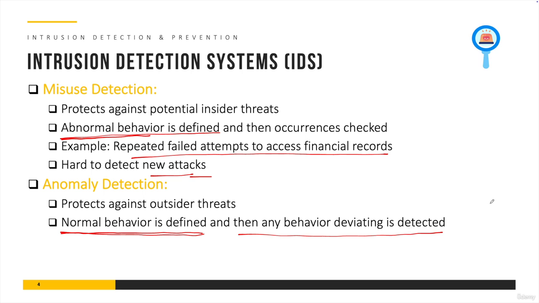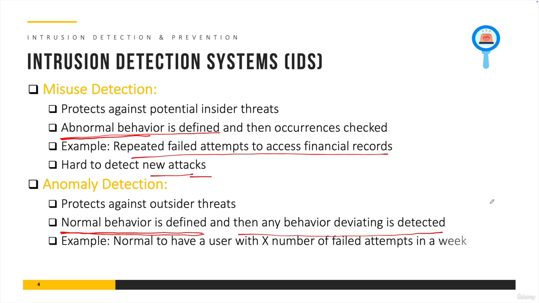Let me give you an example by using login. Let's say for a normal user, he may have 2 to 3 failed login attempts in a week, because sometimes people mistype or something can happen, maybe the caps lock is on. So 2 to 3 times a week is normal.